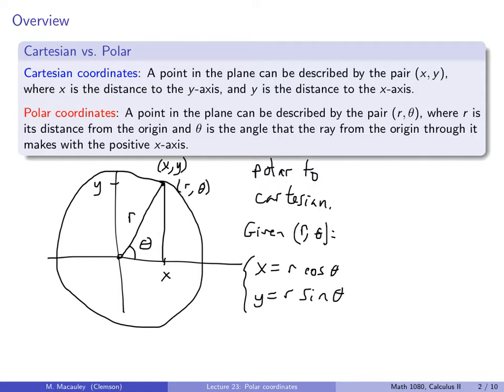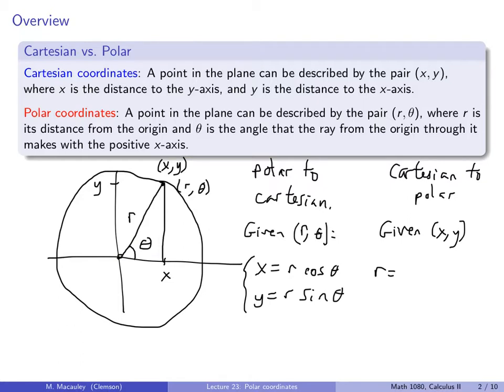So that's how to go from r theta to xy. Let's go the other way around, Cartesian to polar. In other words, suppose we are given xy. So how do we get r and theta? Well, r is probably the easiest one of these. If we know x, we know y, r is the square root of x squared plus y squared.